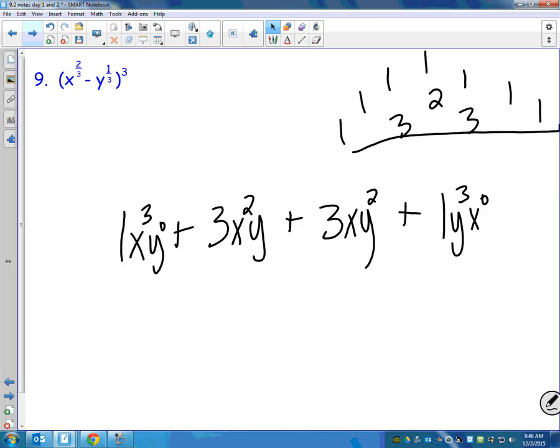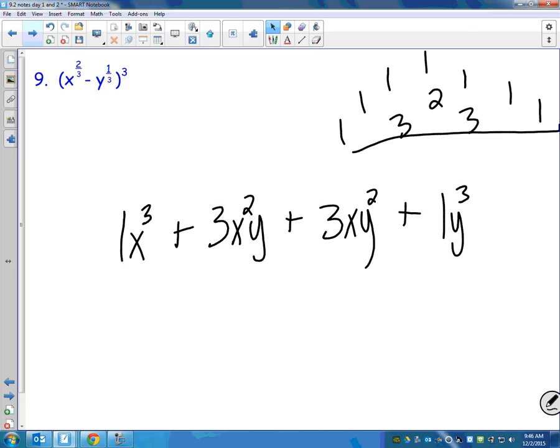So I always start with the x, and then I just know that it goes the opposite way. Another way to check is it has to add up to 3. So if you already have 3 x's, there's no room for y. If you want to put y to the 3, you can't. I just can't do it.